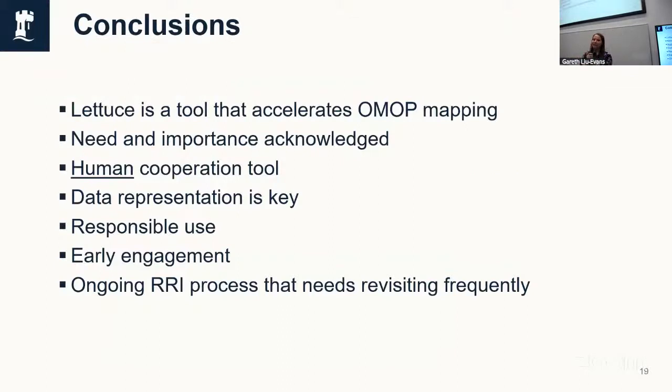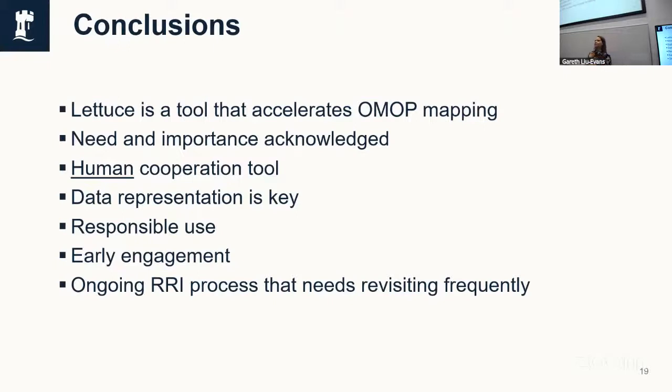So in conclusion, just to finalize the talk, Lettuce, the tool that we've created, is an open source tool that accelerates OMOP mapping. It has a need, and the importance has been acknowledged, but it needs to be a human cooperation tool. Data representation is key because we saw stark differences in outcomes if you don't embed the data properly and you don't add context properly. It needs to be used responsibly, and we need to avoid over-reliance.